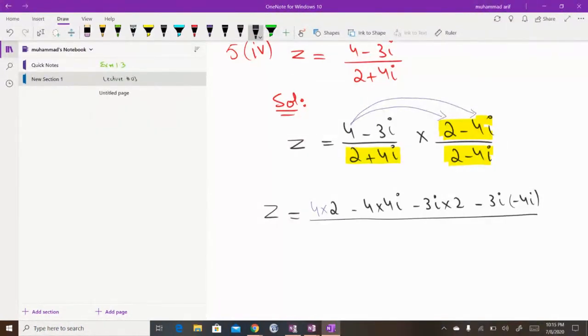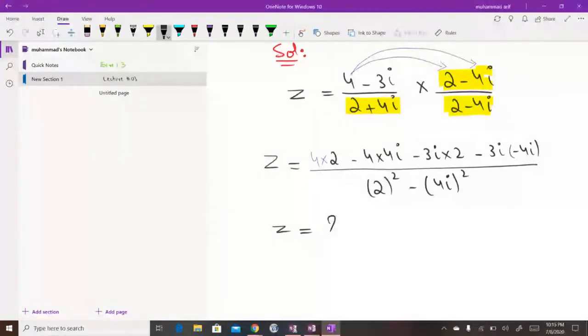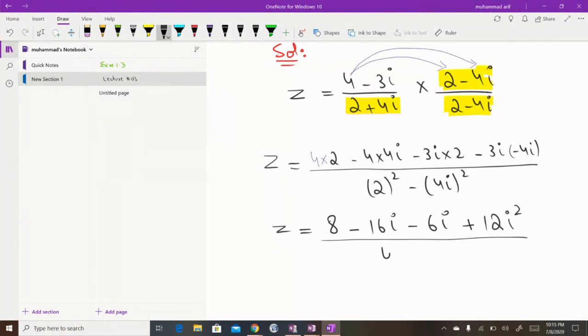And in the denominator we apply the formula a square minus b square. After simplification we get 8, negative 16 iota, negative 6 iota, and negative and negative become positive, 3 fours become 12, iota into iota becomes iota square. Now we have 4 negative. What is the square of 4?